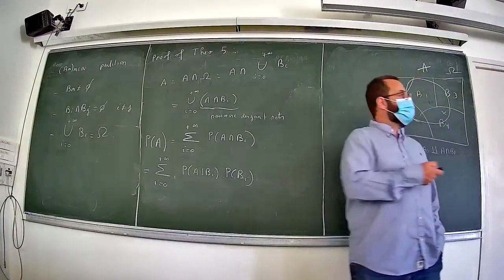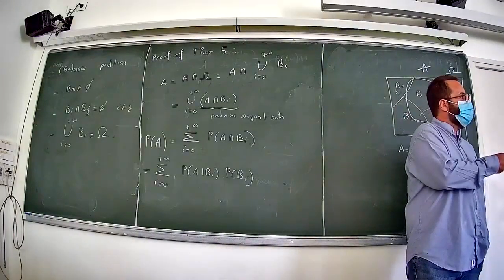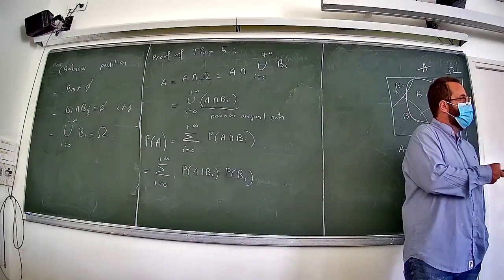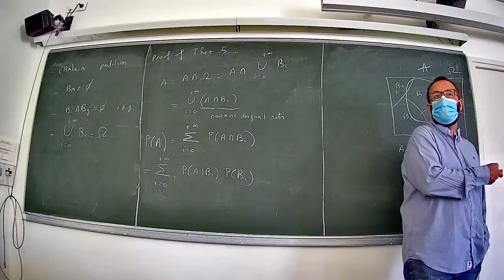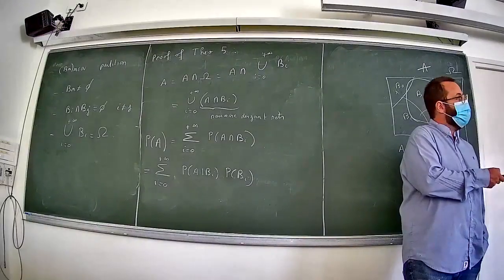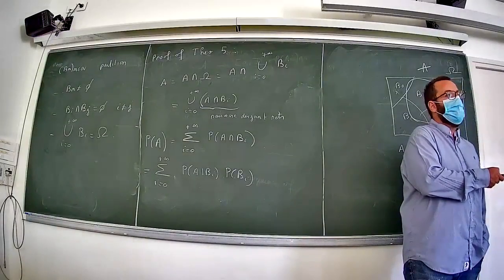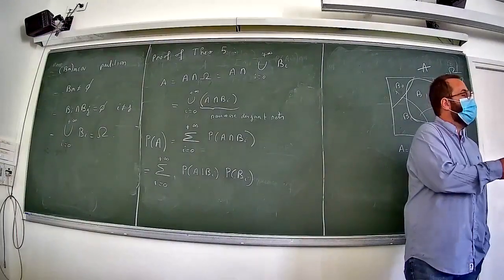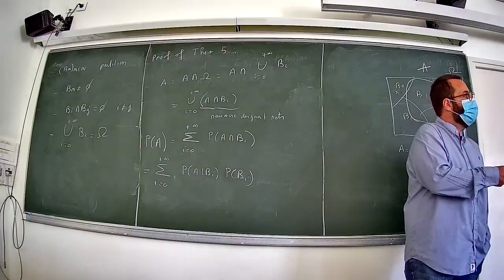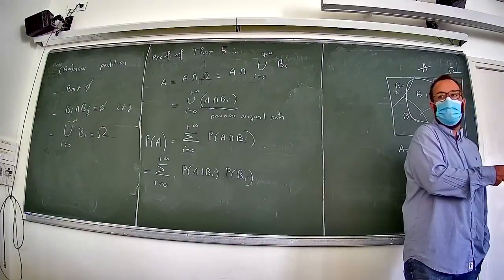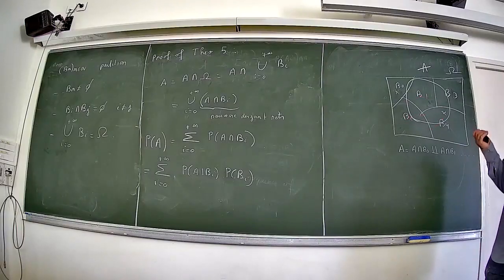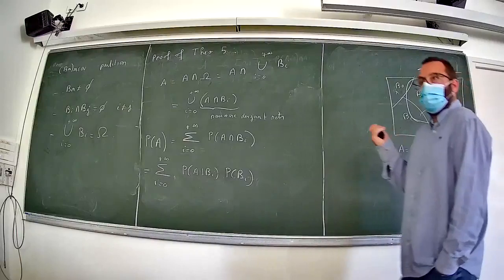So here I have stated the result in the case where I have a countable partition, but as written in the remark, if you have just a partition with a finite number of sets, instead of having an infinite sum here, you will have a finite sum. If you have, let's say, capital N sets, you will have a sum from i equal to 0 to capital N. In this situation, you will have a sum from i equal to 0 to 4, because I am in the finite case.